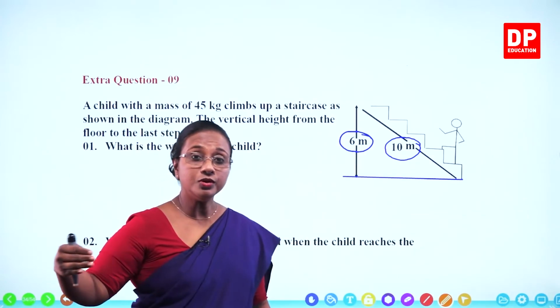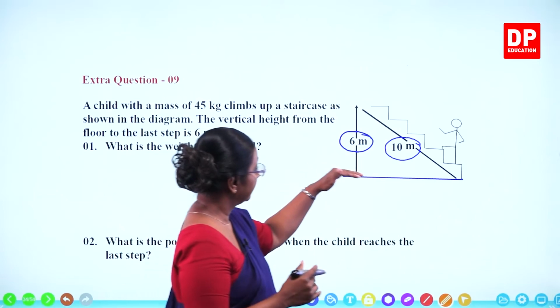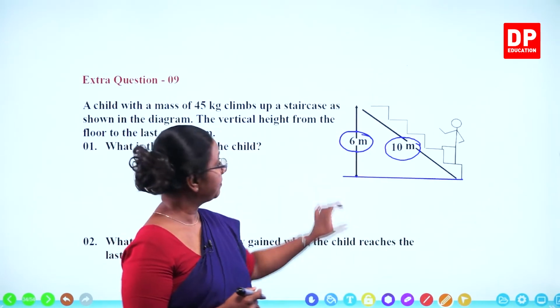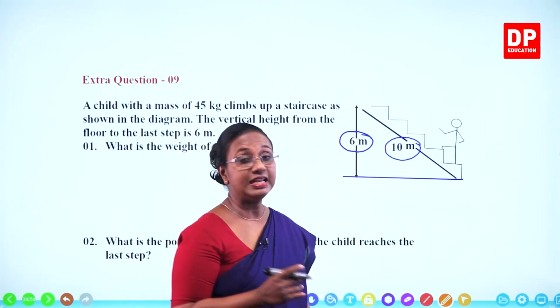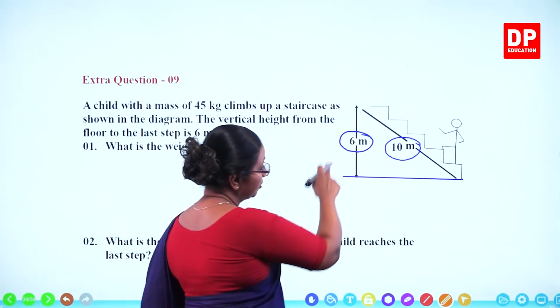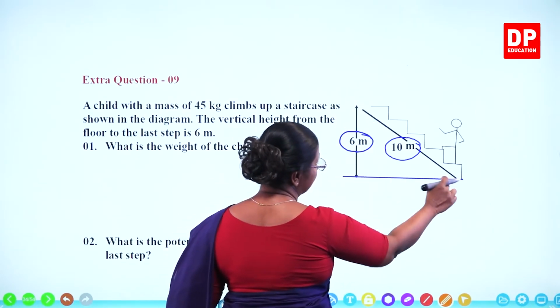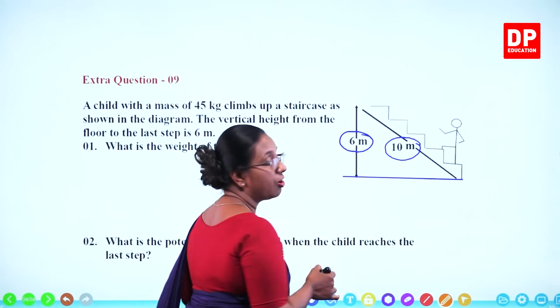So although the staircase is longer, the height between the bottom step and the higher step is the vertical height that will be short. You all know that. Even from maths, you all know this is like a triangle shape. So obviously this side is shorter than this side. This side will be always long.